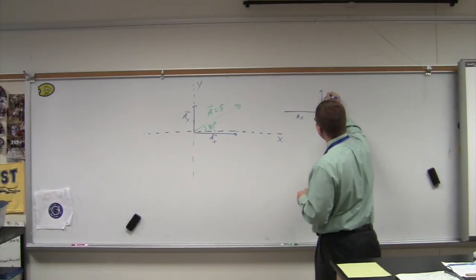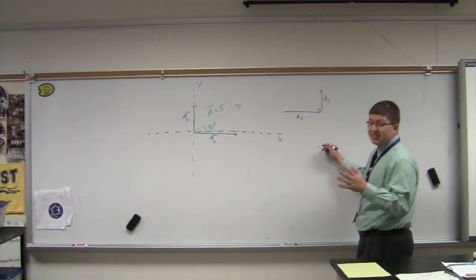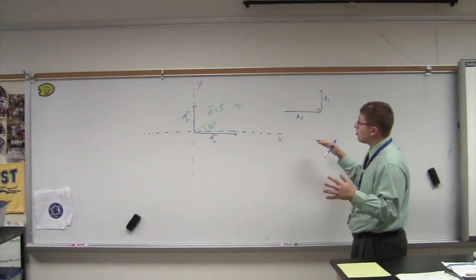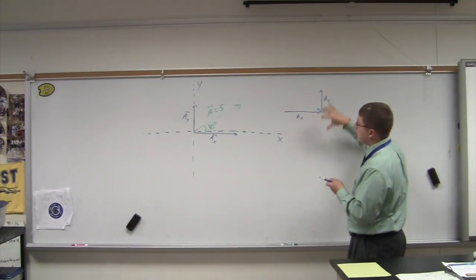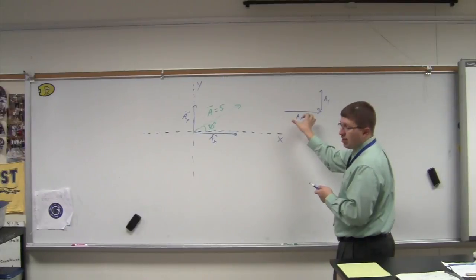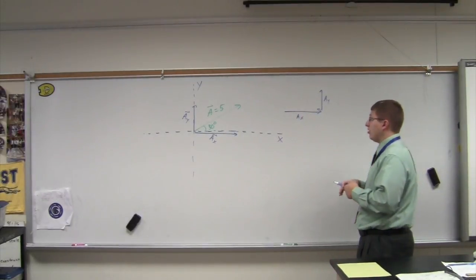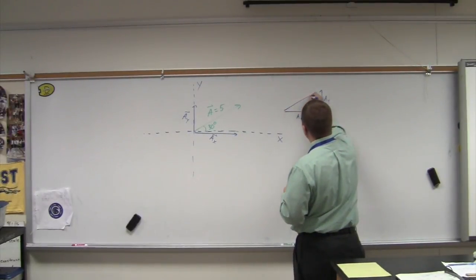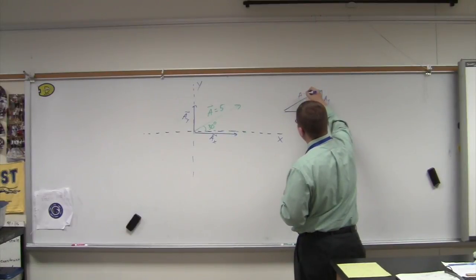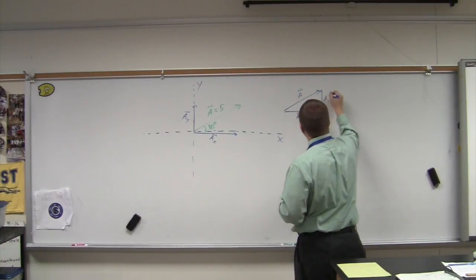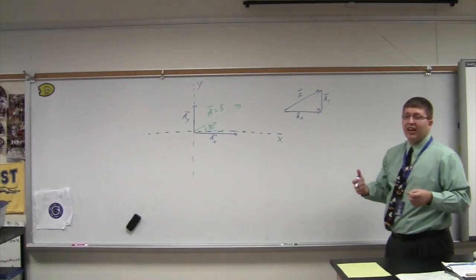This is my AY. I tried as best as possible to make sure I didn't change the vectors at all. I didn't want to change the length of either vector. I didn't want to change the direction of either vector. And then this would be my A vector all by itself. So there's A, AX and AY lined up.